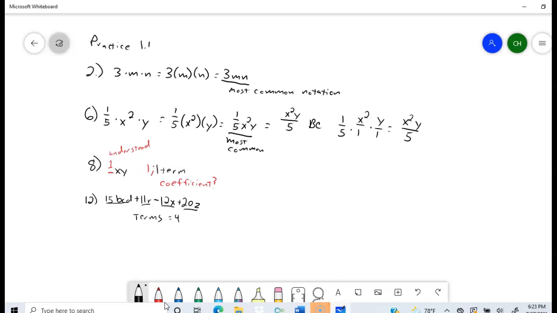Okay. Coefficients. We have 15, 11. Because of that minus, it's going to be negative 12 and 20. Okay, so on those, don't make them harder than they are. It's really not that bad.